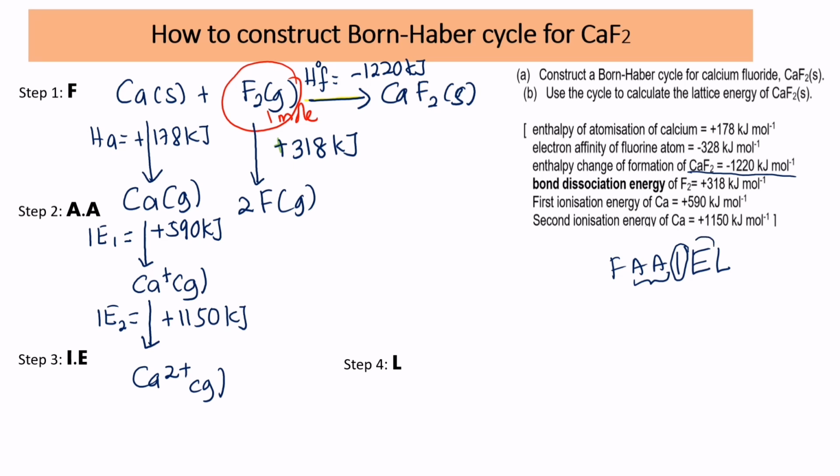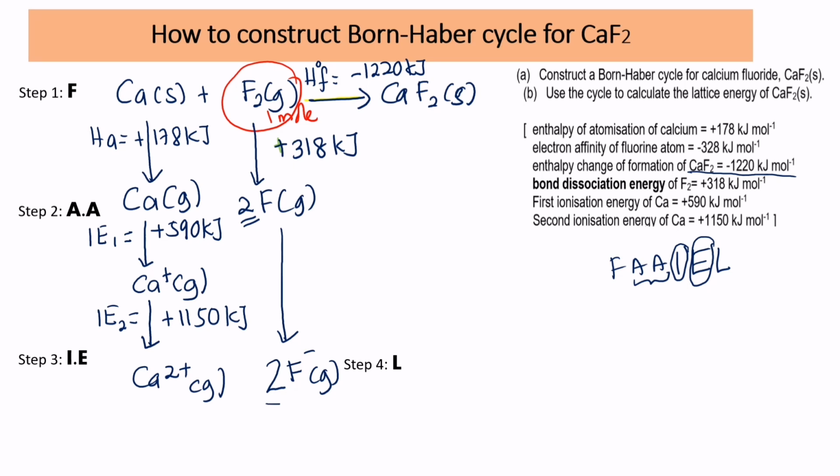Next, we go to the electron affinity of fluorine. Fluorine can accept only 1 electron. So F accepts 1 mole of electrons and becomes F- gas. Because of 2 moles of fluorine atoms, it will become 2F- gas. Electron affinity means that we want to form F- gas.